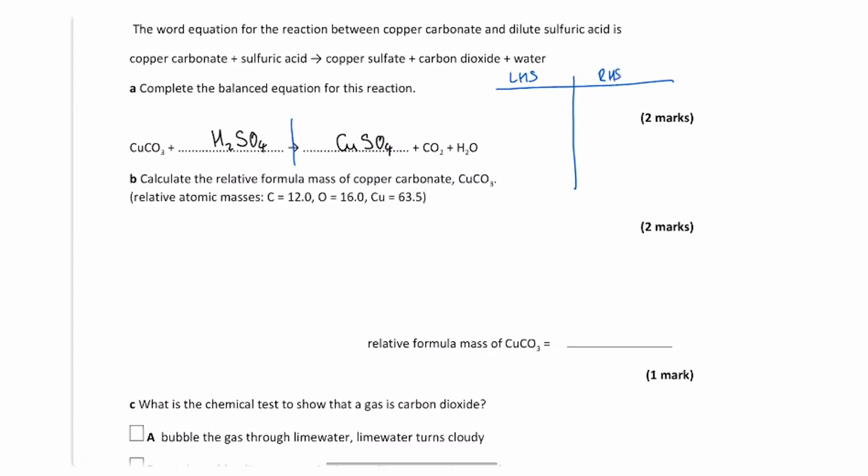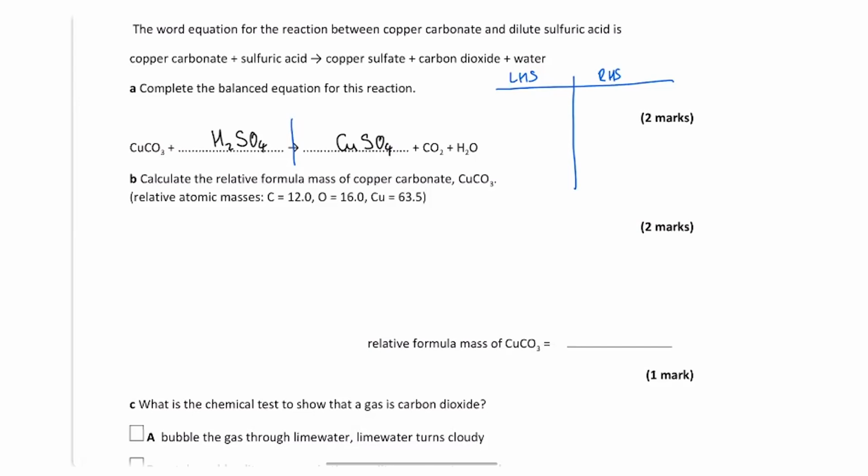So on the equation, I've got my left-hand side and my right-hand side. This is just a shorthand I'm using. Please, in the exam, just write down the words left-hand side and right-hand side. Don't use abbreviations like this because that doesn't mean anything to the examiners. So I'm going to count that I've got the correct number of atoms.